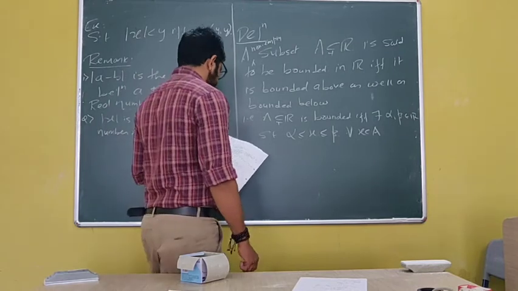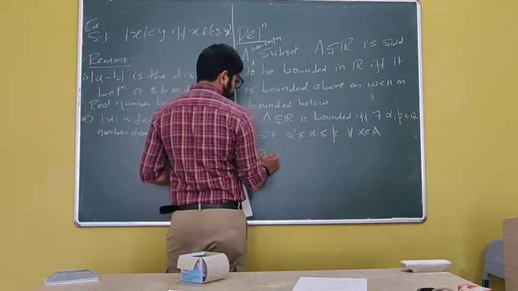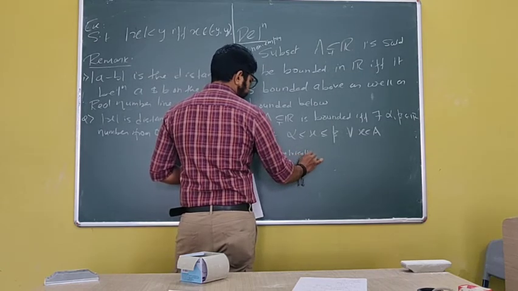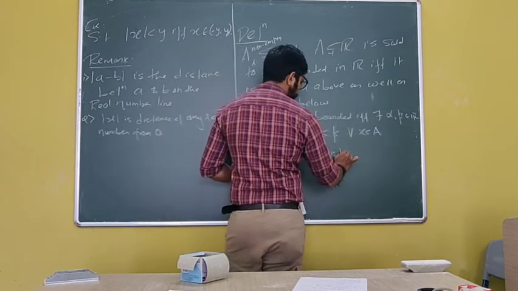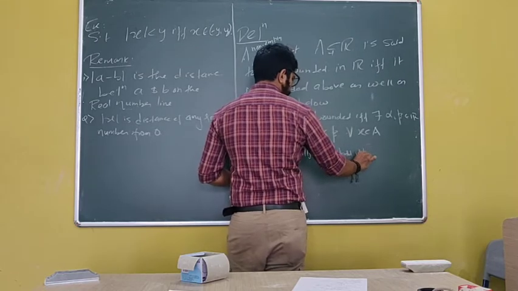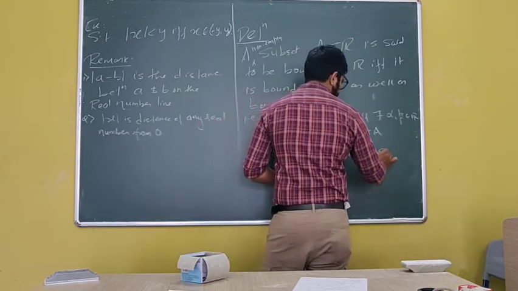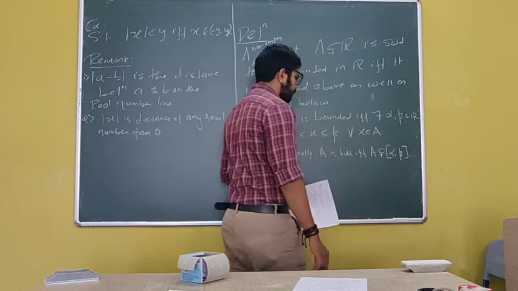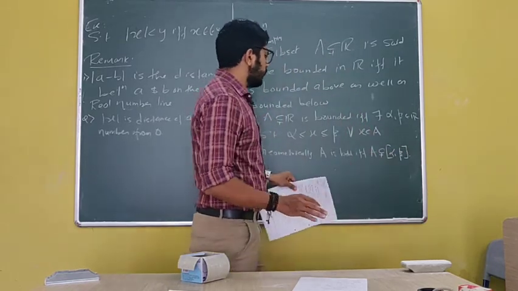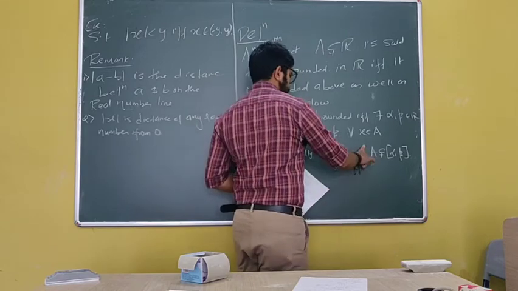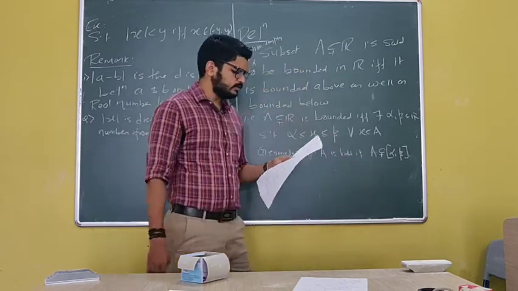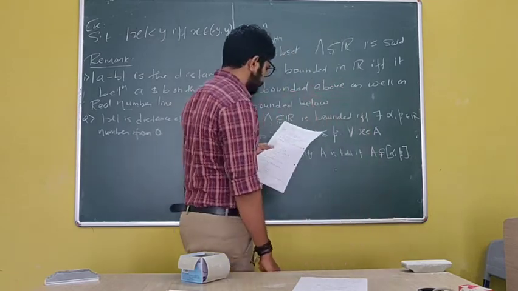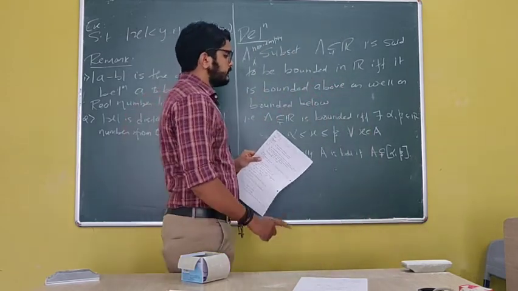So you should be able to find two real numbers such that every x lies between those two real numbers, right? Geometrically, if we speak, A is bounded if A is contained inside the interval alpha, beta, where alpha and beta are finite. So you should be able to contain it inside an interval.